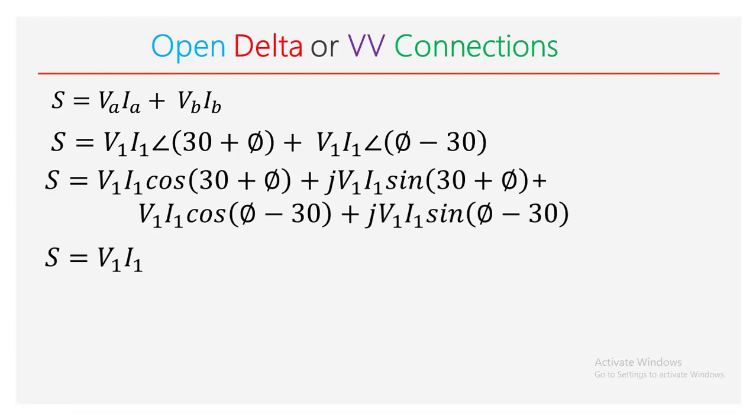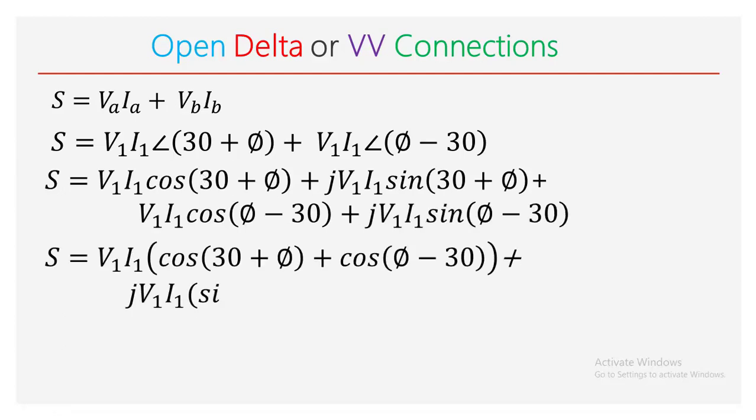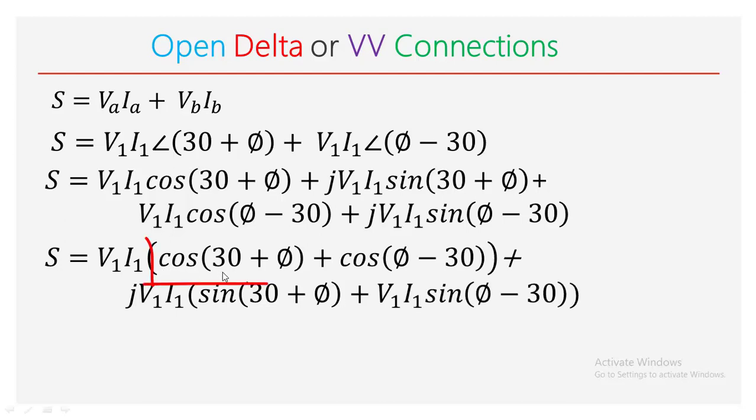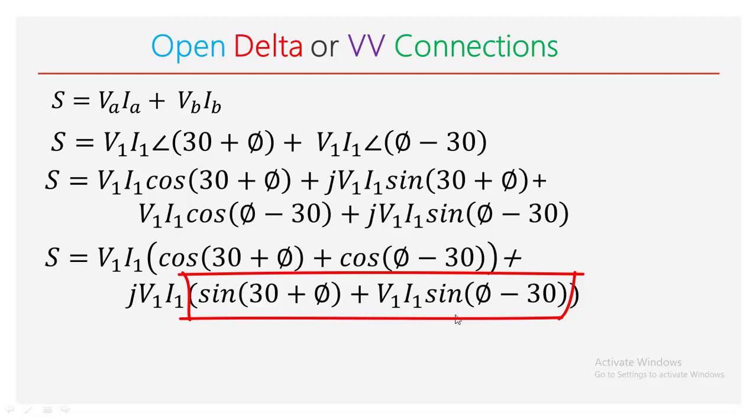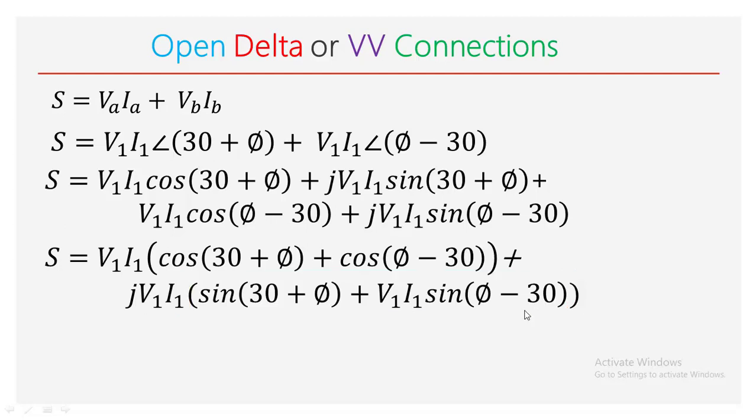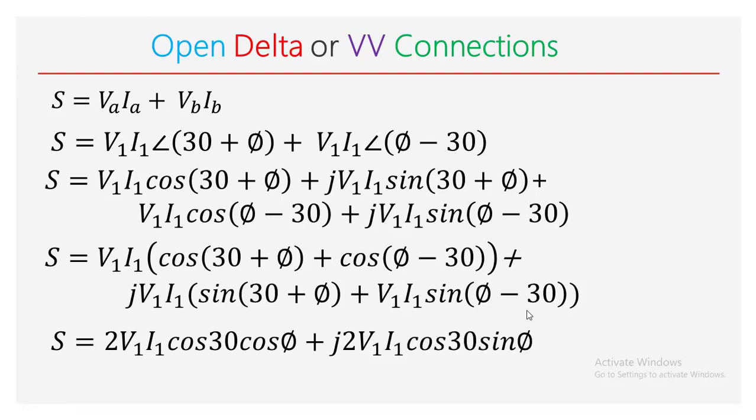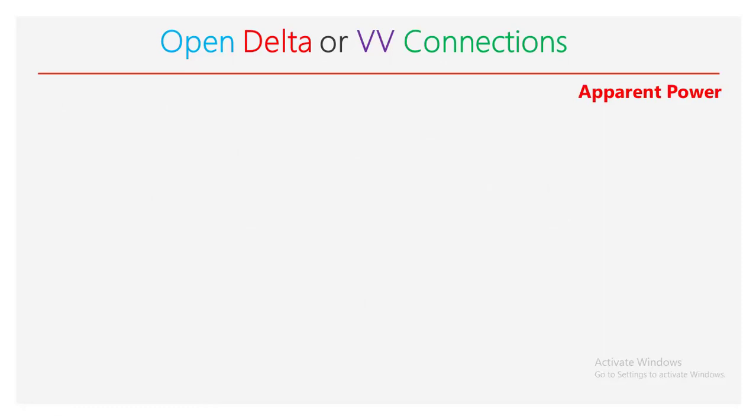Now take all the real parts on one side and the imaginary parts on the other side, where this can be written as 2 cos 30 into cos phi. Similarly, this term can be written as 2 cos 30 into sin phi, where cos 30 is root 3 by 2. Replacing that, finally we will get the power supplied by open delta is equal to root 3 times V1 I1 at an angle phi.